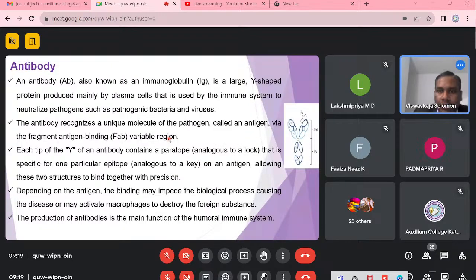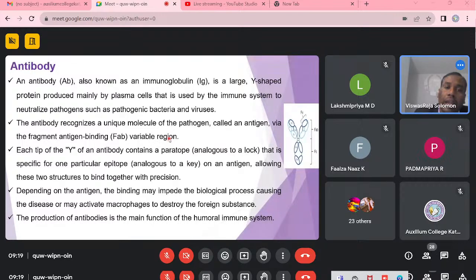Again, in my current studies, we plan to use an antibody, so I thought it's a good idea to discuss what an antibody is. An antibody is an immunoglobulin, a large Y-shaped protein. It's mainly produced from plasma cells. When an antigen like a bacterium or virus enters the human body, our body systematically produces antibodies.